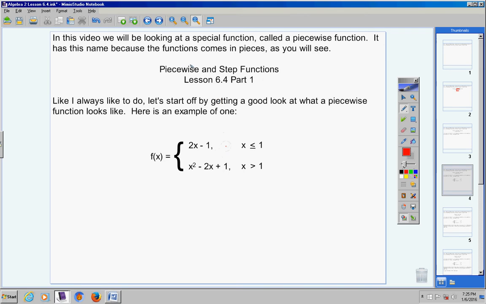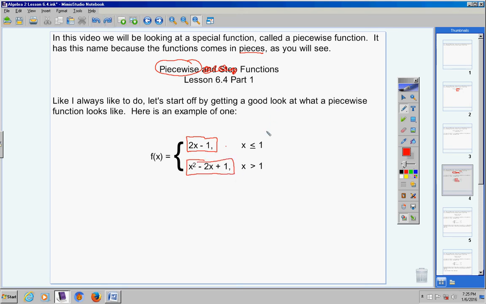First of all, we call this a piecewise function because it comes in pieces, okay? Here's the first piece. Here's the second piece. Now, are these pieces over here? No, they're not, and we'll talk about those in a second, okay?